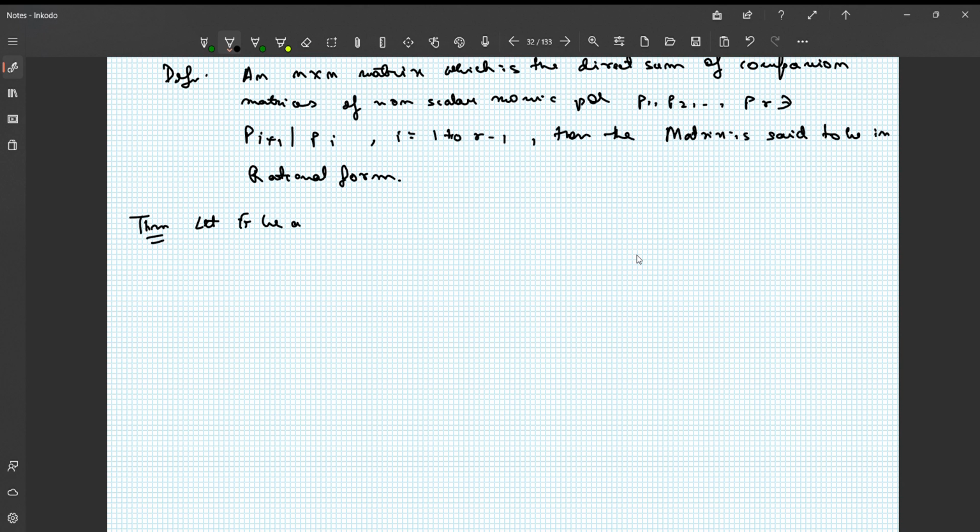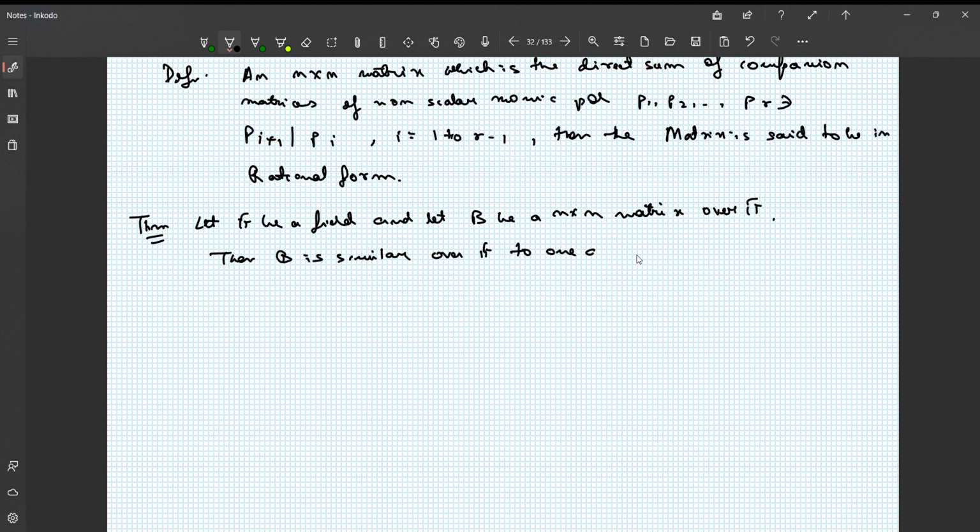The theorem is that let F be a field, and let B be an n cross n matrix over F. Then B is similar over F to one and only one matrix which is in rational form.